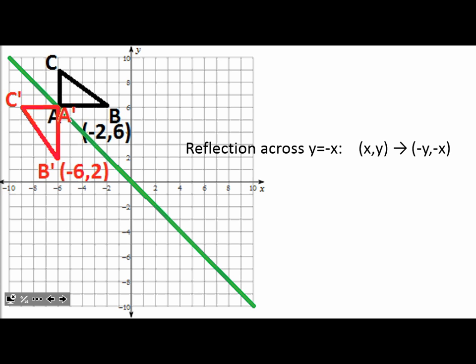Negative y, negative x. Good. I'll complete it here on the board. I'm going to leave the 3 for rotations for tomorrow. I'll do the rotations tomorrow. But we have 4 special rules for reflection today.